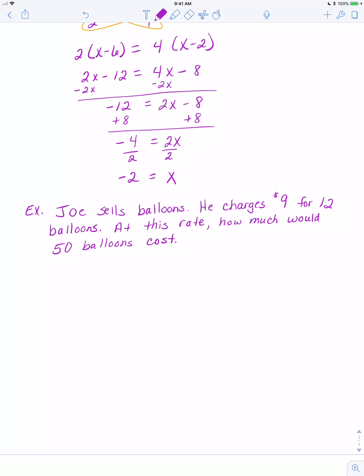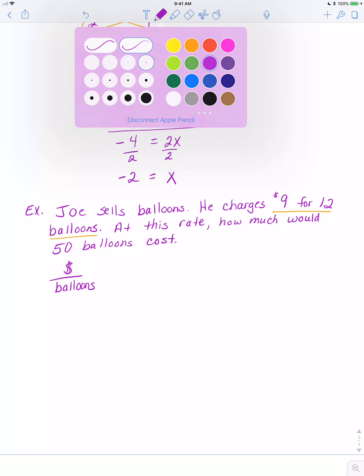Okay, so when we set these up, it's very important to just make sure that you set your ratios up in the same order. So a lot of times I'll say, well, I'm going to put the money on top, and then I'll put the number of balloons on bottom. And that's the way I'm going to make sure that I set both of mine up. So the first sentence tells me that he charges $9 for 12 balloons.